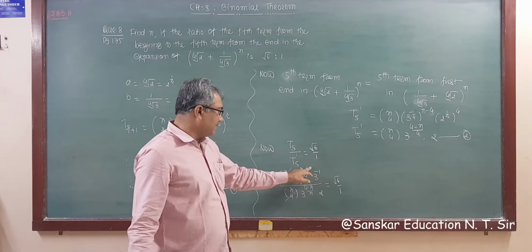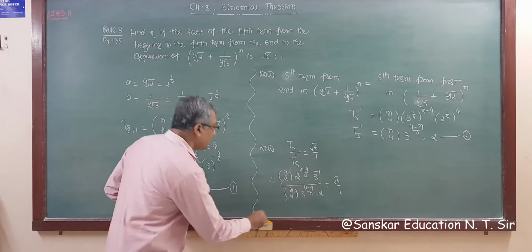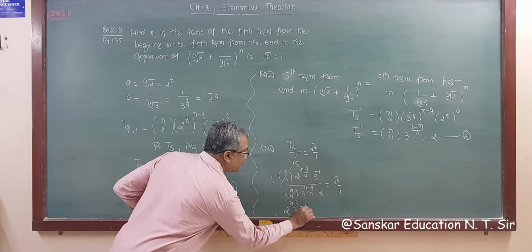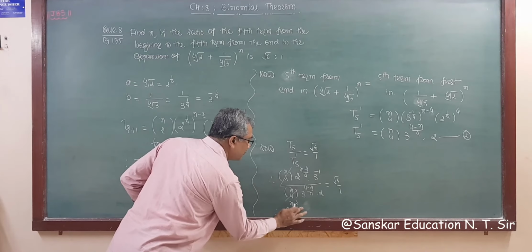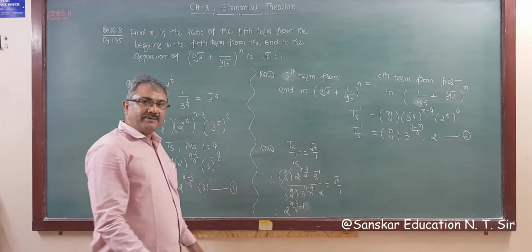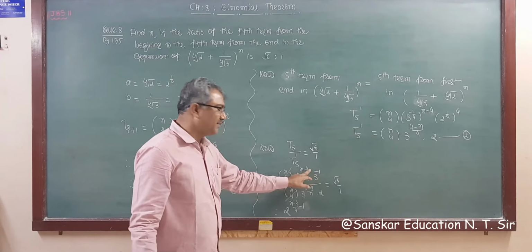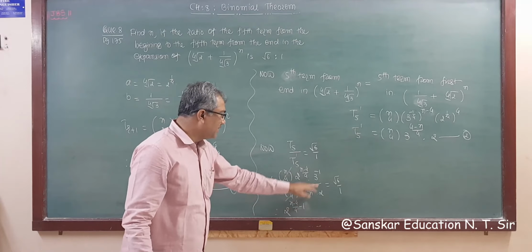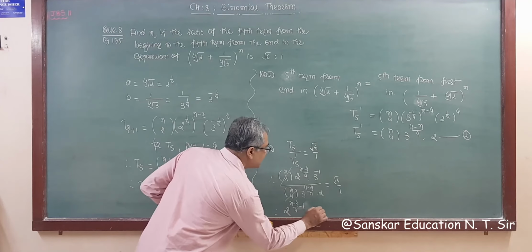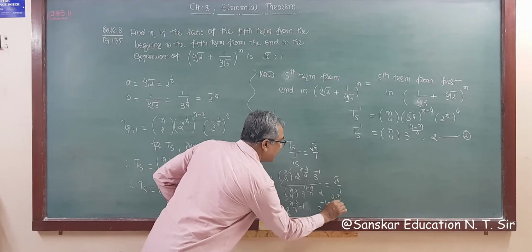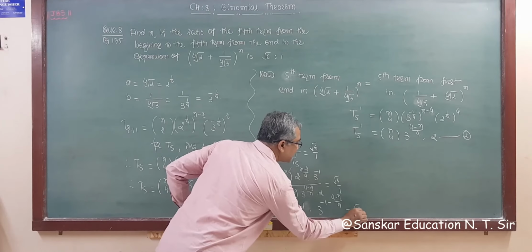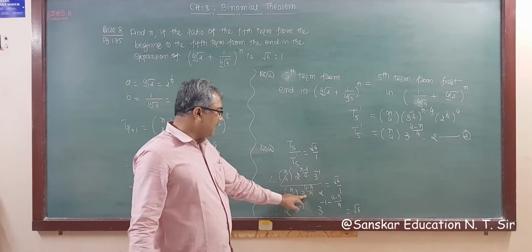Taking this to the numerator, what we get? This is 2 raised to (n minus 4) divided by 4 minus 2 raised to 1. So the power is 1. If we take these two minus signs, this becomes minus 1 only, because this is 2 raised to minus 1. We have to subtract here, right? And taking 3 to the numerator, if we take this also in the numerator, then what we get? This is 3 raised to minus 1 and this becomes minus (4 minus n) divided by 4 is equal to root 6, right? This becomes minus, right?